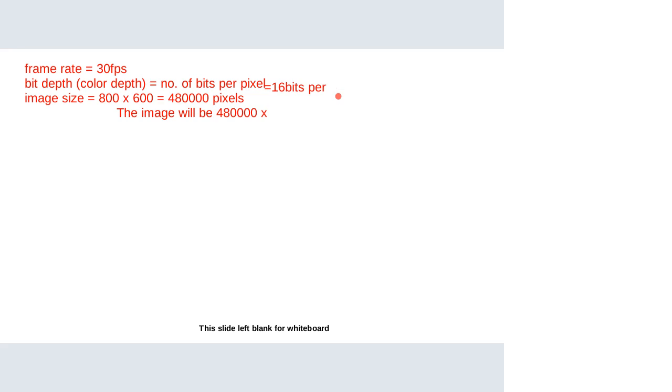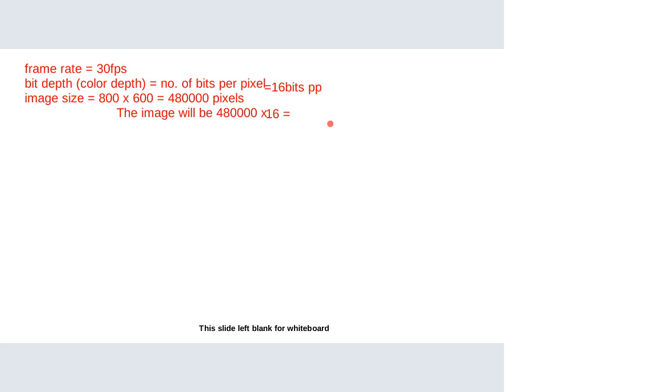So the assumption is that our color depth is 16 bits per pixel. Therefore, we are going to multiply by 16 to convert the pixels to bits, or the image size expressed in bits. So we multiply by 16.